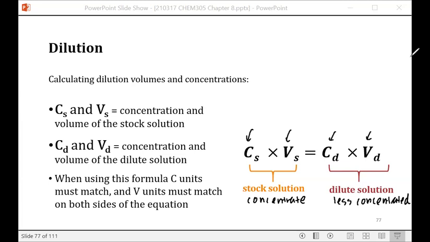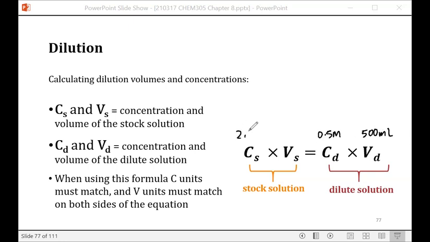It's really important when using this equation to calculate, let's say you want to make a 0.5 molar solution and you want to make 500 milliliters of that dilute solution, and you're starting from a 2 molar solution. You want to know how much of the 2 molar solution you need to dilute.